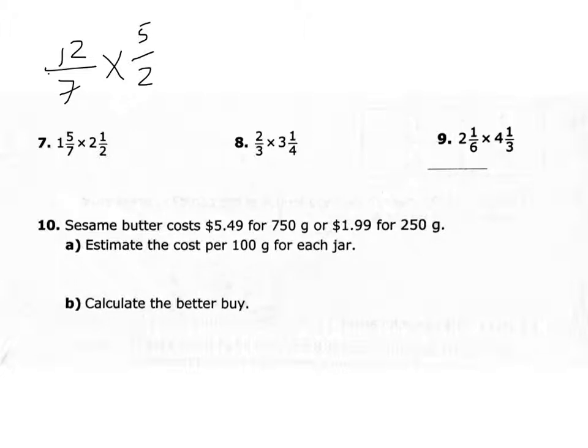Okay, let's do this one here. I'll do this one on the bottom. Here you keep that the same. 3 times 4 is 12, plus 1 is 13, over 4. And this one here, 2 times 6 is 12 as well. 12 plus 1 is 13 over 6. And that's times 4 times 3 is 12 plus 1 is 13 over 3.